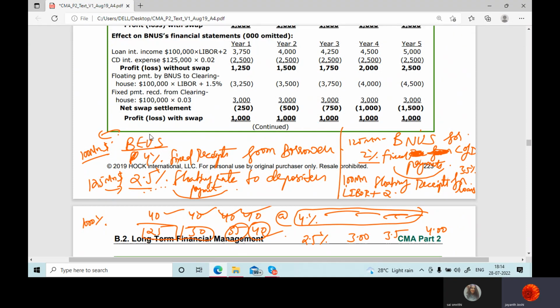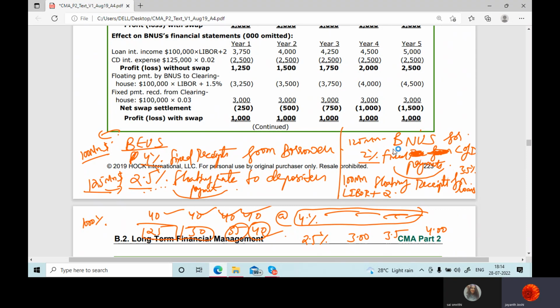So now the things are very clear. BEUS has given loans of 100 million to their customers and is receiving interest at the rate of 4%, which is fixed, and they have deposits of $125 million to whom they are paying interest at a floating rate. Right now the prevailing rate is 2.5, but it can increase, because it is at LIBOR.